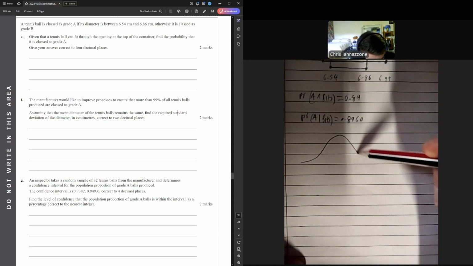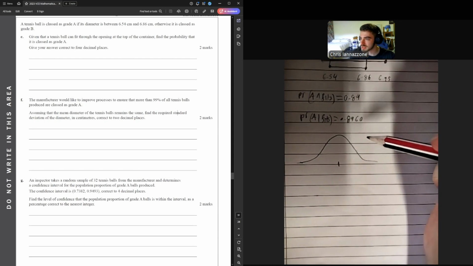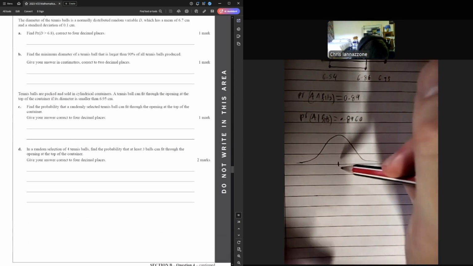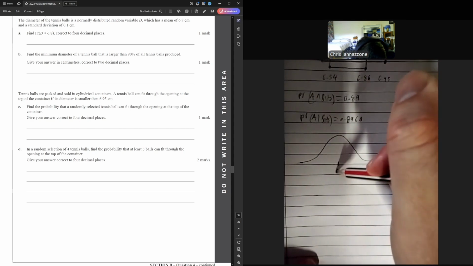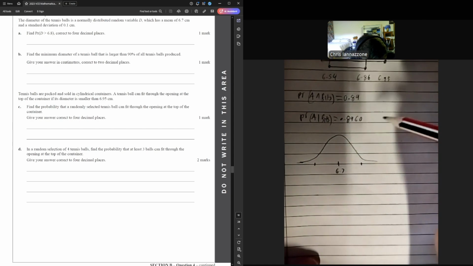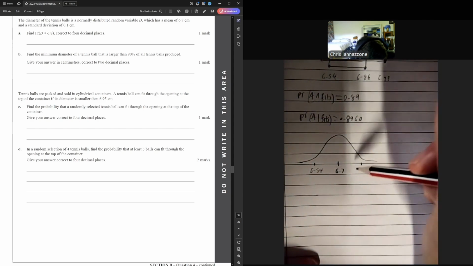So we draw a rough normal distribution. The mean is still the same, so we still care about our mean of 6.7. We want grade A, so grade A meaning that we're between 6.54 and 6.86.